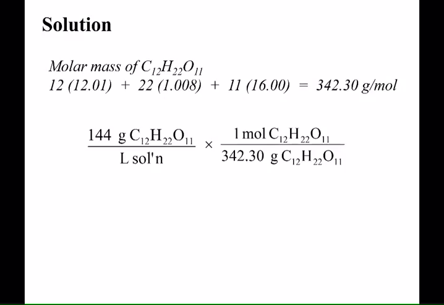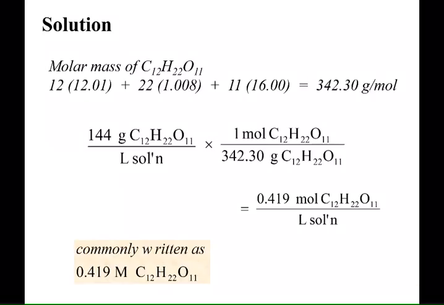So units cancel, and we're left with units of molarity: moles of sucrose per liter of solution, which is great. Looks like we still need to round it to 3 sig figs, and I got 0.419. Usually I would write it 0.419 M. Now you pack it back up again: 0.419 molar sucrose.